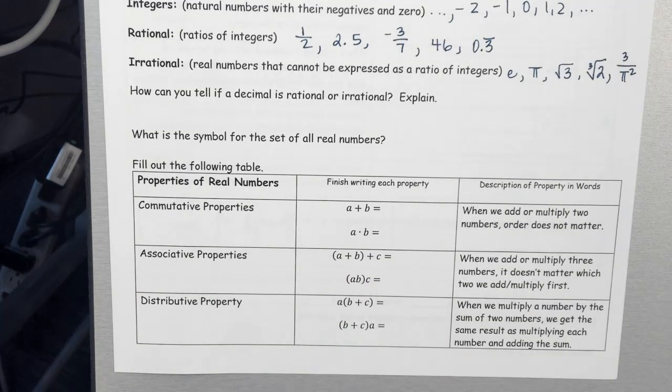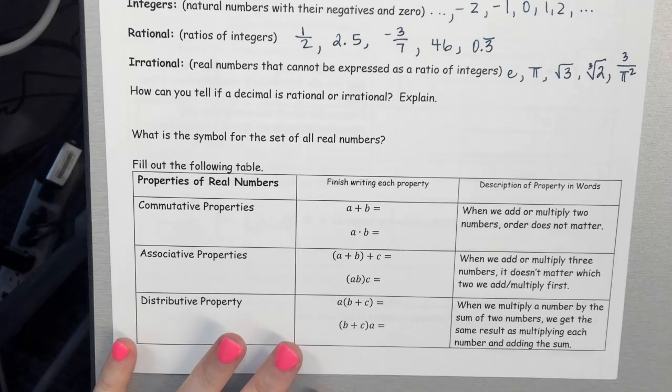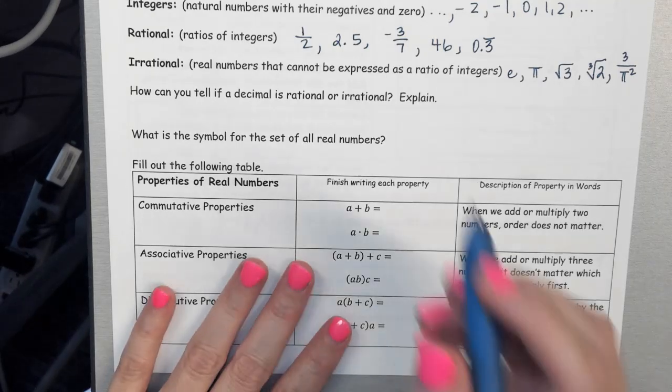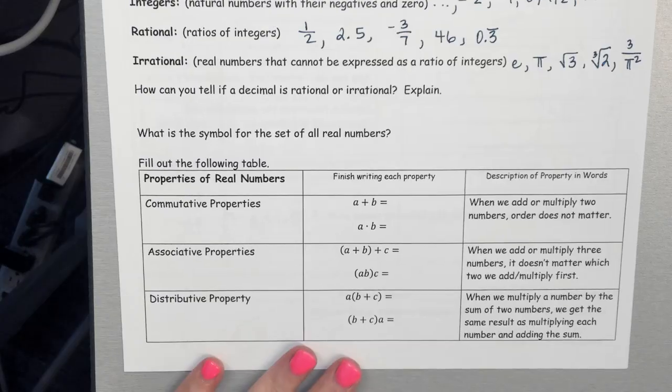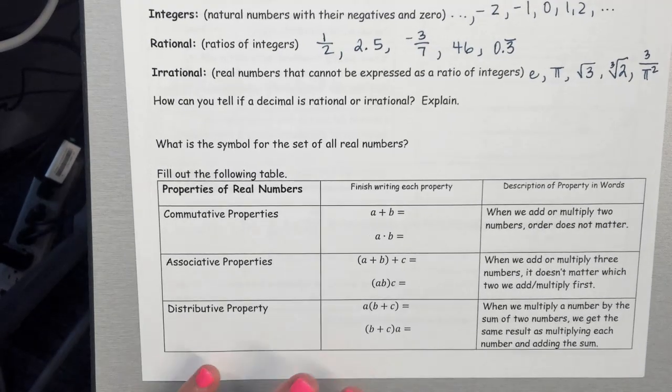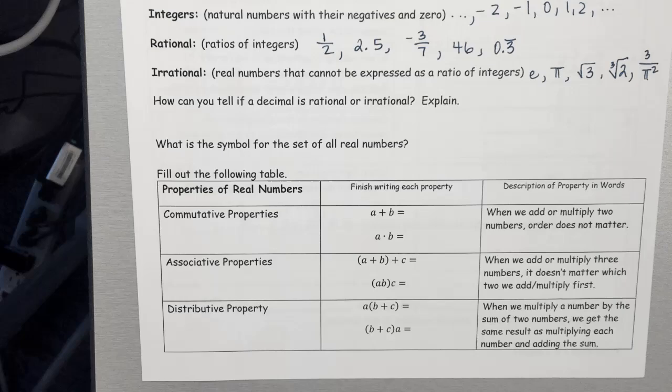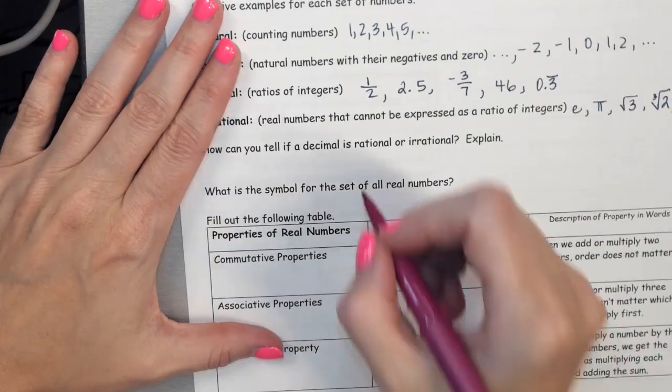Okay, and then we want to know how we can tell the difference between irrational and rational. So if it is irrational, I think that's probably what you guys put something down for, right? Yeah, Brooke, what'd you put down for that? Yes, yep. So if you can express the decimal as a fraction, it is rational.